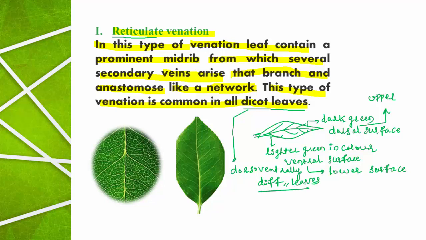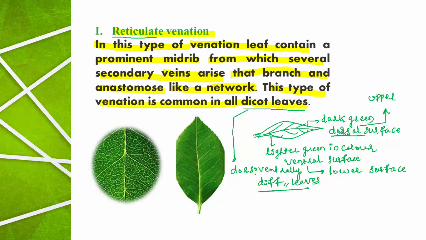What is its meaning? Dorso-ventrally differentiated means the upper and lower surfaces of the leaf are easily identified on the basis of color. If the surface is dark green in color, it is the dorsal surface. If the surface is light green in color, it is the ventral surface. So all the dicots have dorso-ventrally differentiated leaves.